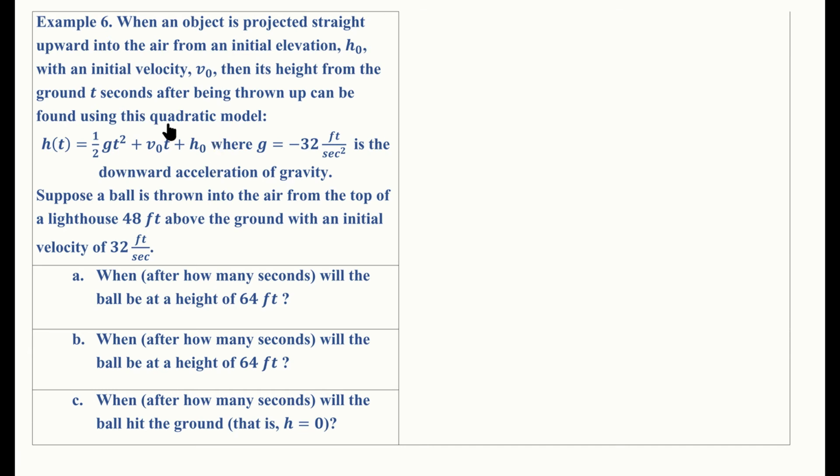All right, these are basically the works that Newton left behind. And this is something you would find in a physics class. So h of t equals 1/2 gt squared plus v0t plus h0. Here g is negative, basically the acceleration of gravity, which is negative 32 feet per square seconds. And it's moving downward, that's why the negative sign.